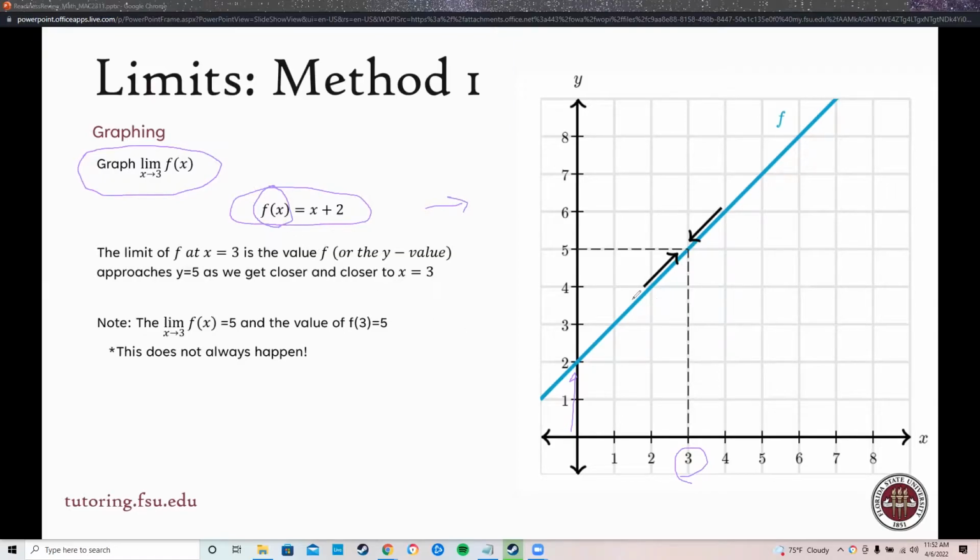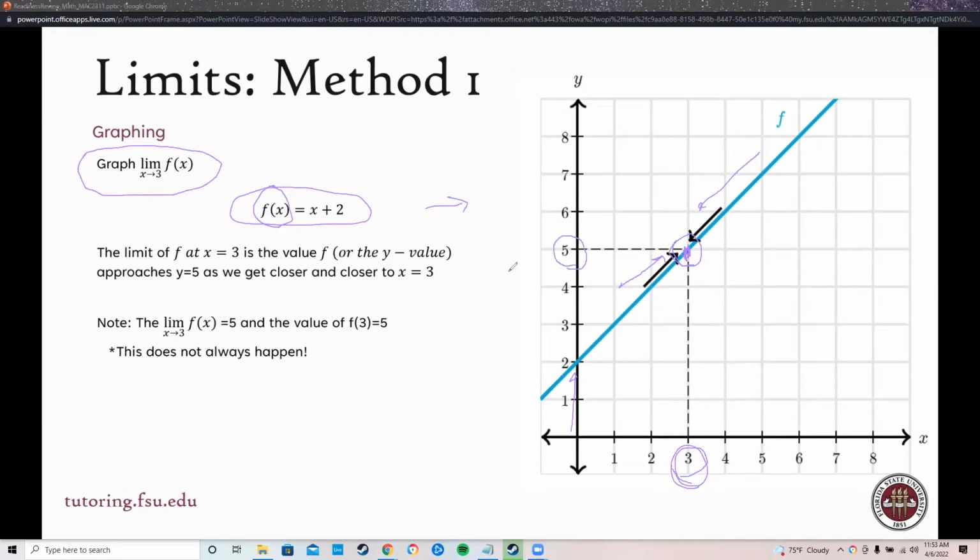To do that, we have to see what the graph does when we approach it from the left and the right hand side. If I'm approaching x equals 3 from the left hand side, the y value it's going towards is 5. If I approach the graph from the right hand side, I also see the y value that it approaches at x equals 3 is 5.